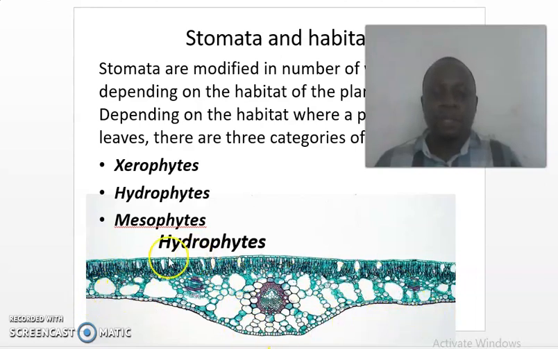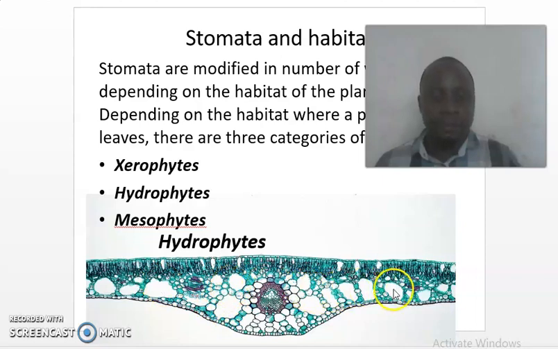The purpose for this is to facilitate transpiration to take place, to actually facilitate the plant to lose the excess water, because the plants grow already in water. Okay?